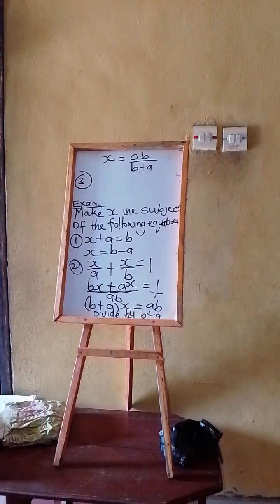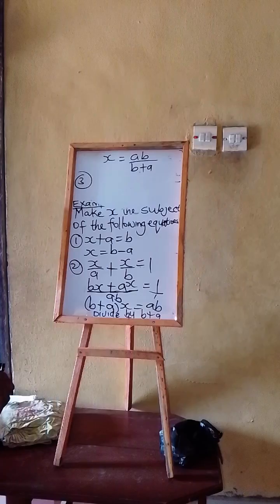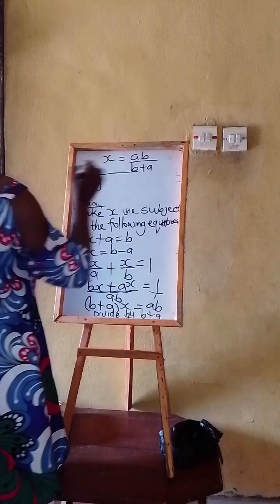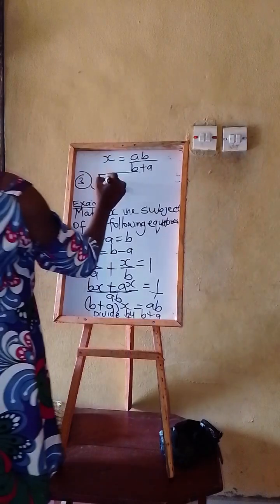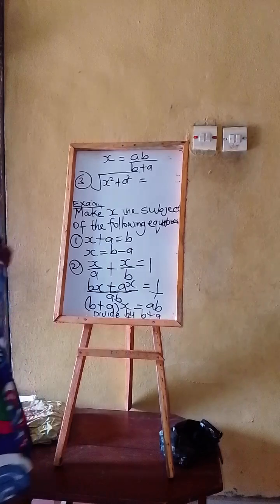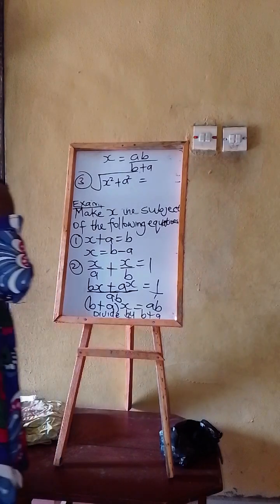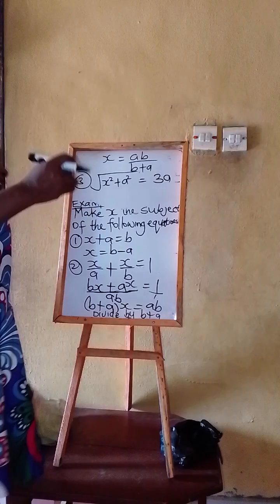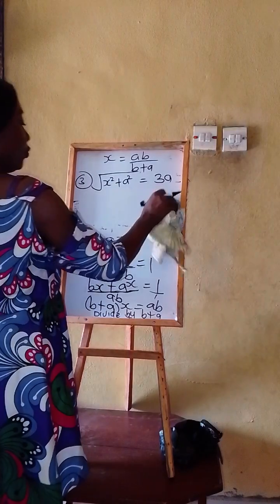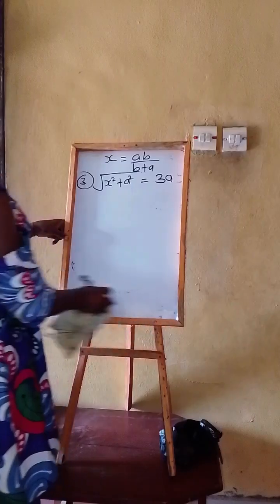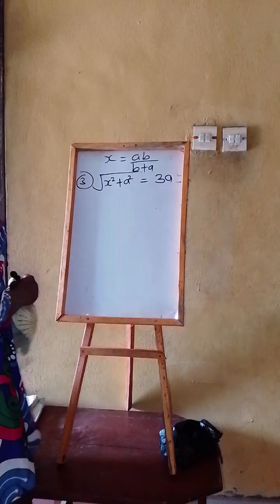Let's take another example. Example 3. We have square root of x squared plus a squared equals 3a. So what exactly are we going to do?